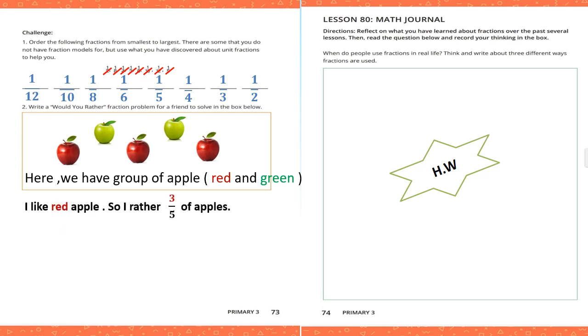I like red apples, so I'd rather have 3 over 5. 3 red apples out of 5 apples in total. So 3 over 5 is the greatest amount, then 2 over 5.